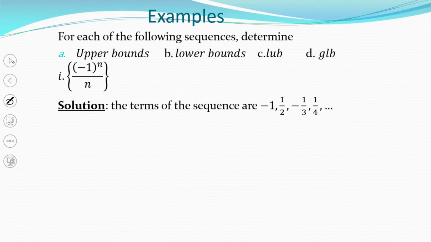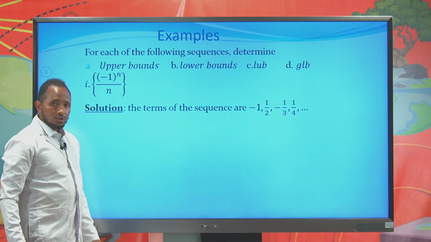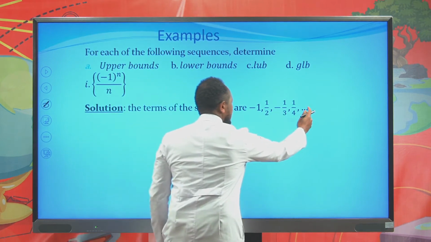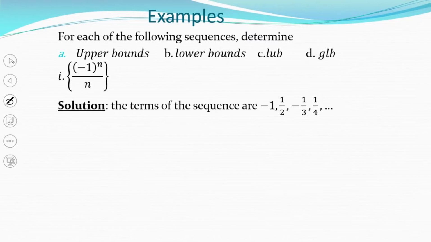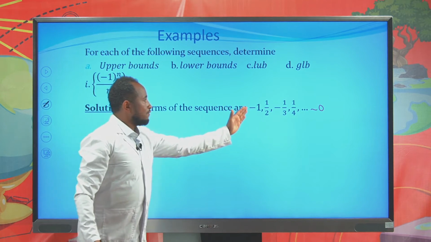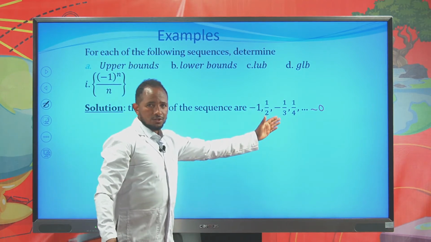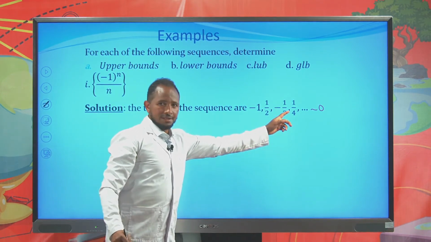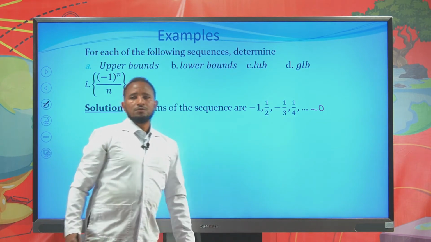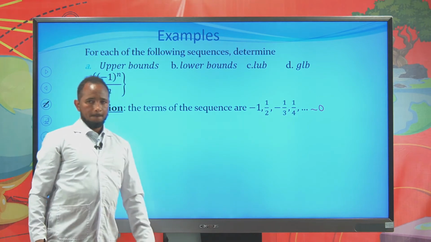When you put 2, you get 1/2, -1/3, 1/4, and it goes on like this. As you can see, the denominator is getting bigger and bigger, so at infinity the term goes to 0.